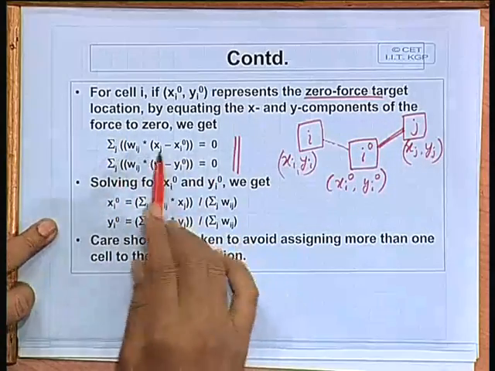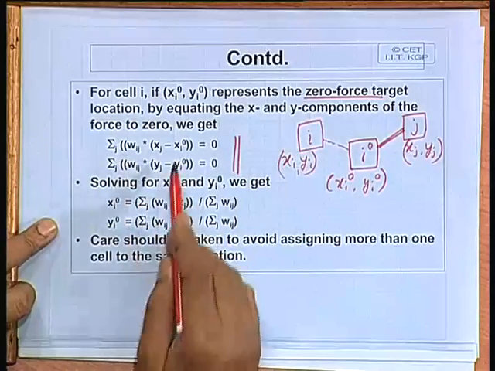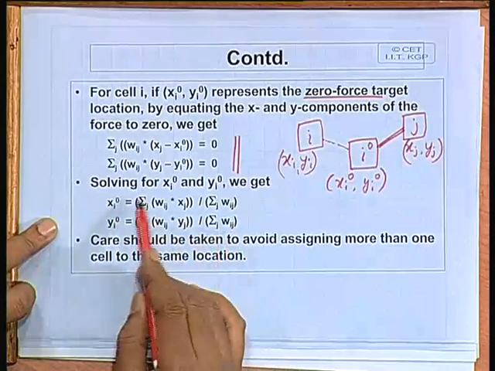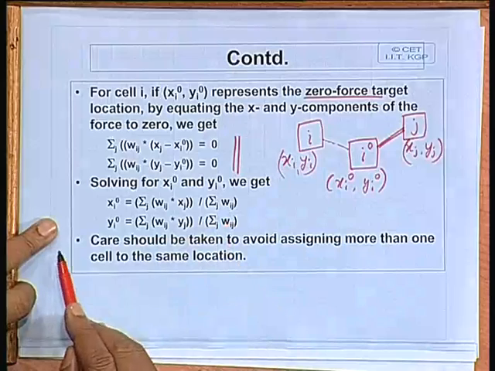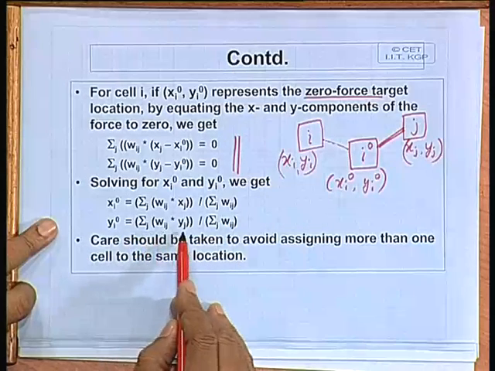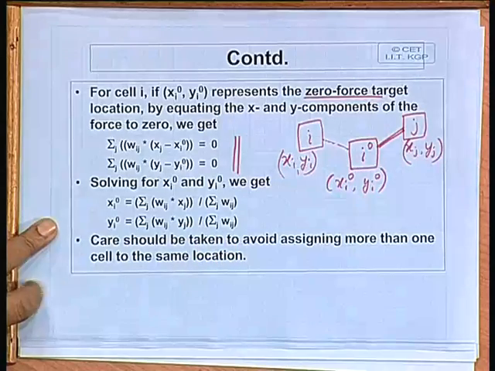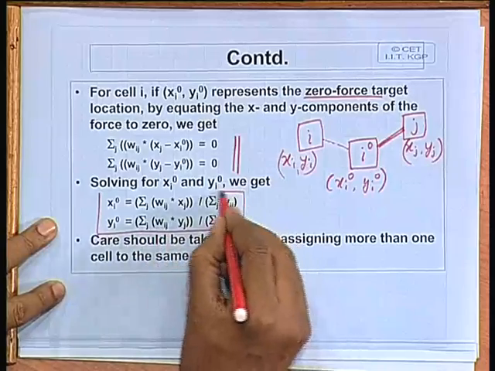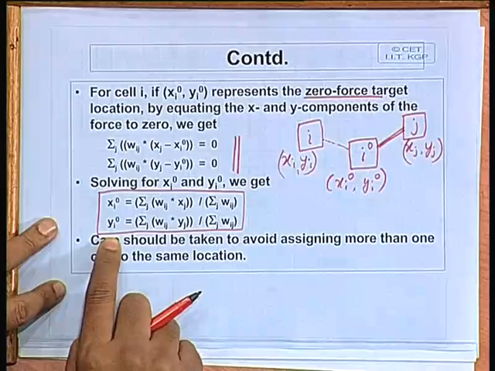Now, in this equation, if you just move terms here and there, you can easily solve for xi0 and yi0. These will be the final expressions: sigma Wij xj divided by sigma Wij, similarly, sigma Wij yj divided by sigma Wij. So, you can use these two expressions to find out the 0 force target location of a particular block, right.